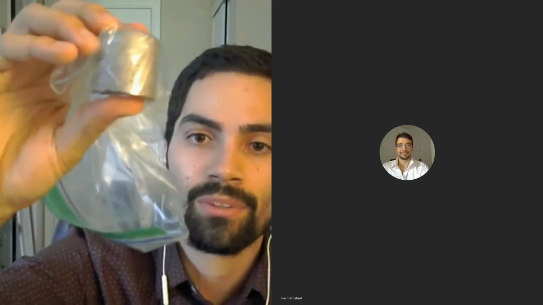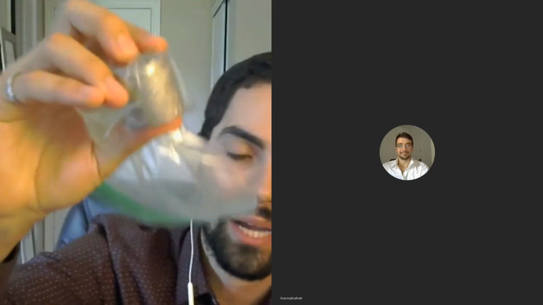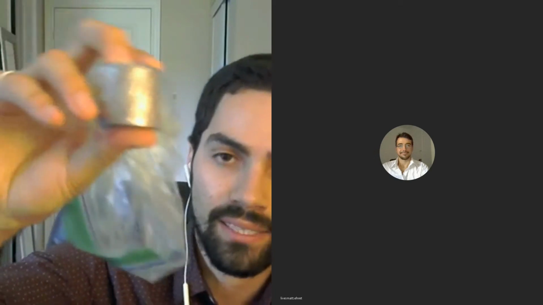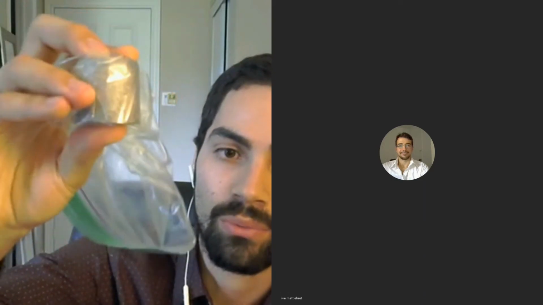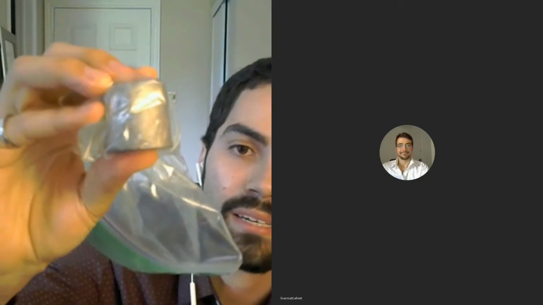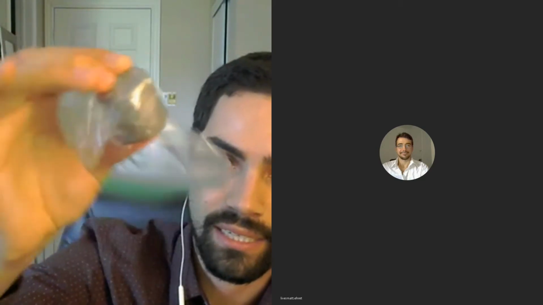This amount of uranium here, if it was uranium, is about 300 grams. Put in a special type of advanced reactor, this amount of uranium would produce enough energy to basically power your whole life. So 80 years of average North American lifestyle is contained inside this amount of fuel.